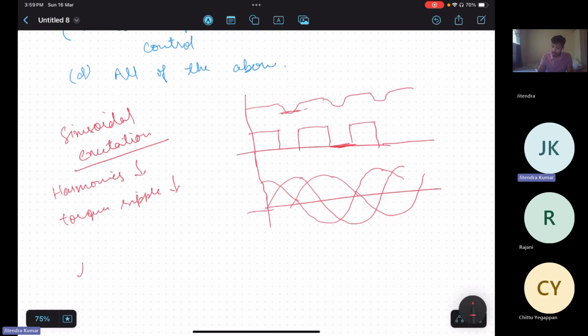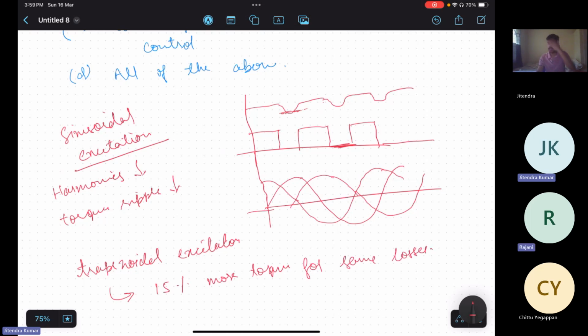Trapezoidal excitation claims to provide 15% more torque for the same loss.